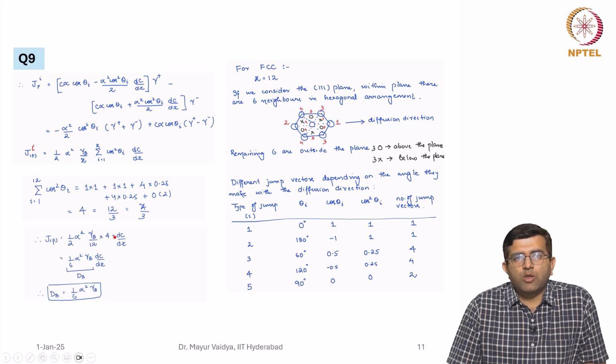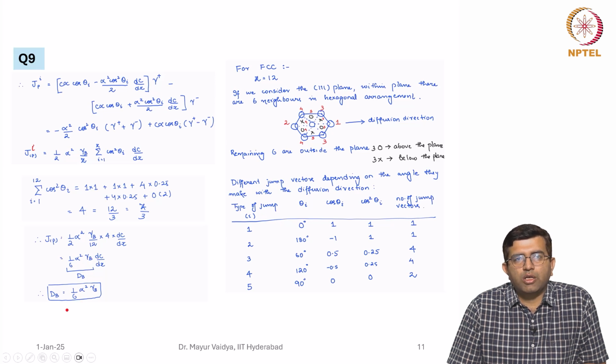So, if you substitute the values here, then what you get is Jp is equal to 1 by 2 alpha square gamma b by 12. This can be replaced by 4 into dc by dx, and here this is 1 by 6 alpha square gamma b dc by dx.